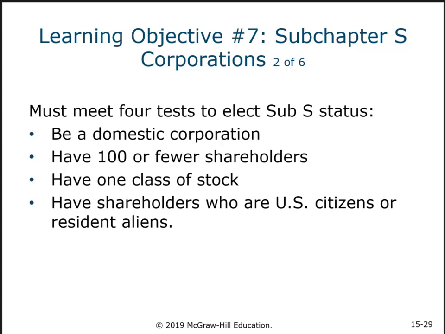One class of stock, you can't have different voting rights for different stockholders. And shareholders have to be U.S. citizens or resident aliens. They cannot be non-resident aliens, someone in another country. They can't be other corporations. They have to be individuals. It can't be other entities. They have to be individuals that own the stock.